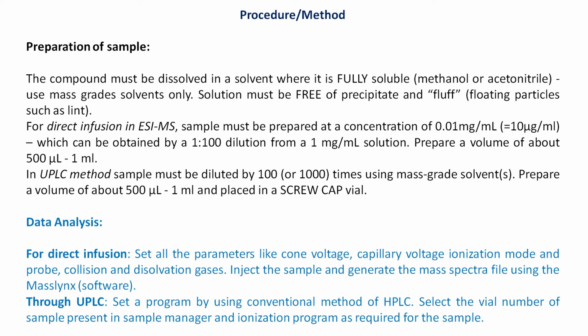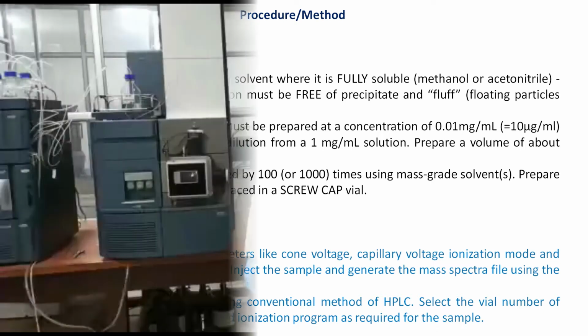In this way you can analyze your sample. You can generate the mass file by using software MassLynx. So it's a brief about the HRMS machine. Thank you for your kind listening.